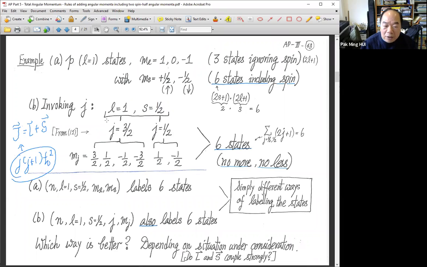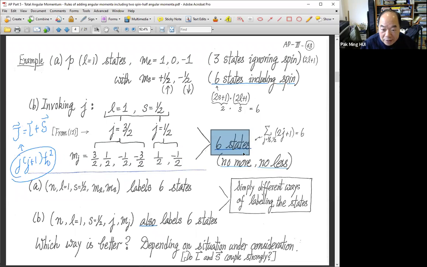For general angular momentum J, the maximum component is 3/2. The Z component can take on values from the maximum to the negative maximum in steps of 1. So there are 4 values. For J is half, there are 2 values. You see, altogether there are 6.